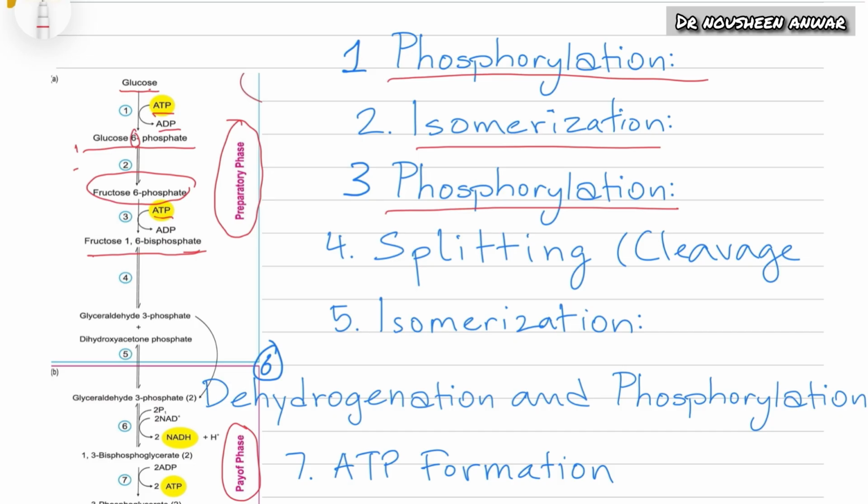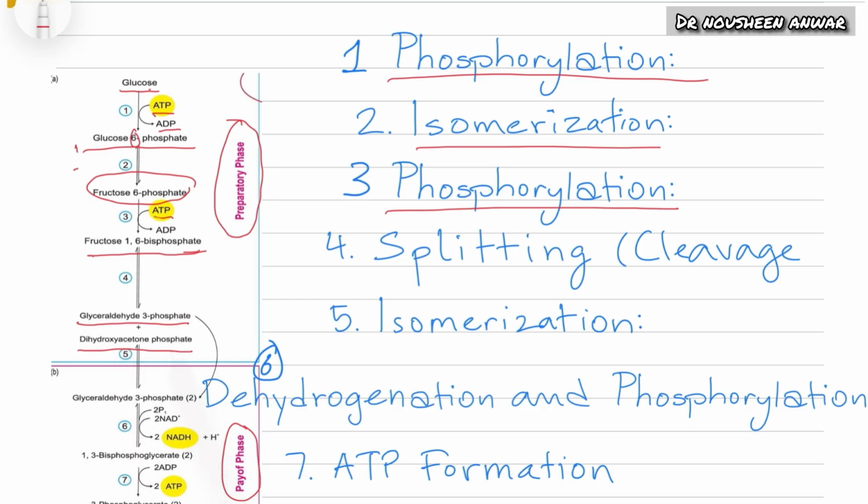Now what happens in the next step? This fructose 1,6-bisphosphate now divides into 2 molecules with 3 carbons each. Fructose has 6 carbons, and now these have 3 carbons each. So 2 molecules are made. Their names are glyceraldehyde 3-phosphate and dihydroxyacetone phosphate.